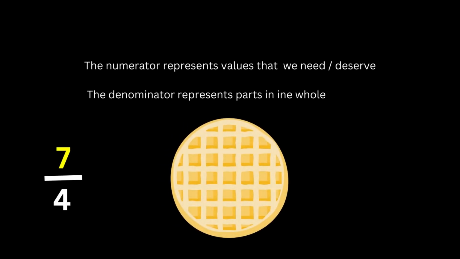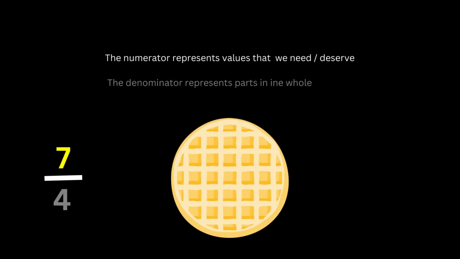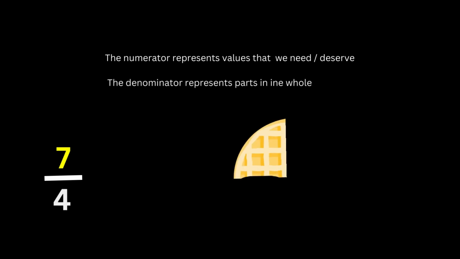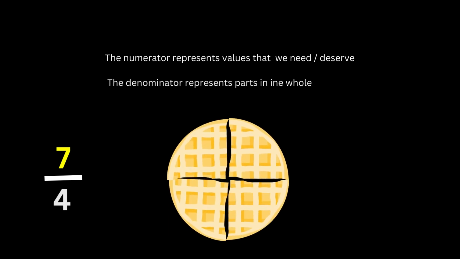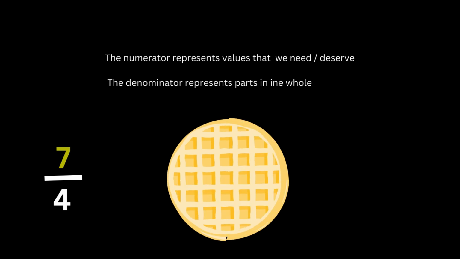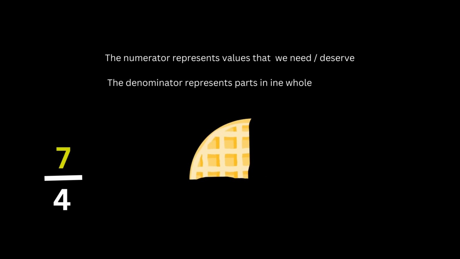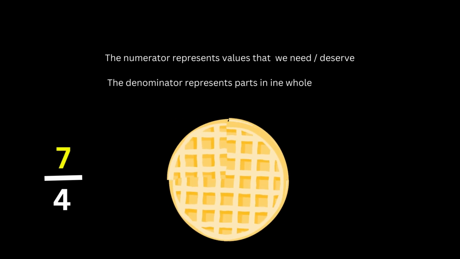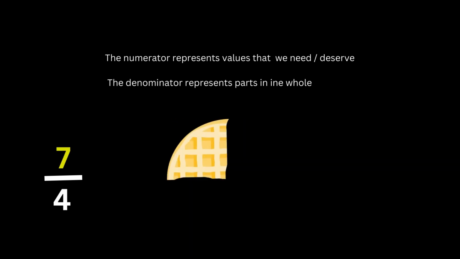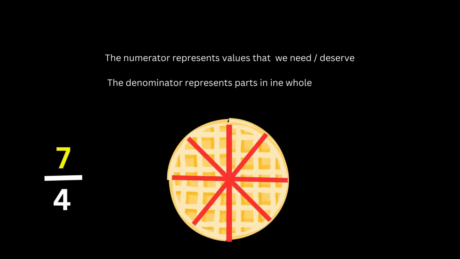As per the definition, the denominator here should represent the number of pieces in one whole, which means one Eggo is cut into 4 pieces, and as per the numerator, we should get 7 pieces, but we have only 4 here. We can't cut these 4 pieces anymore, as that would change the numerator and perhaps it won't even divide them equally.